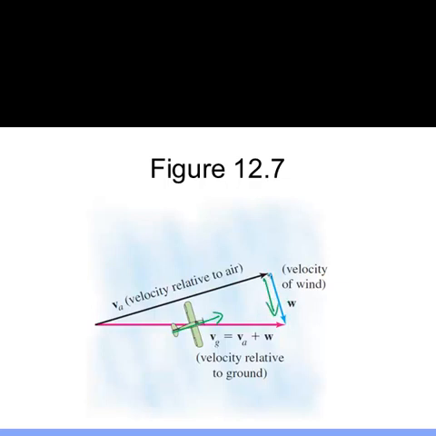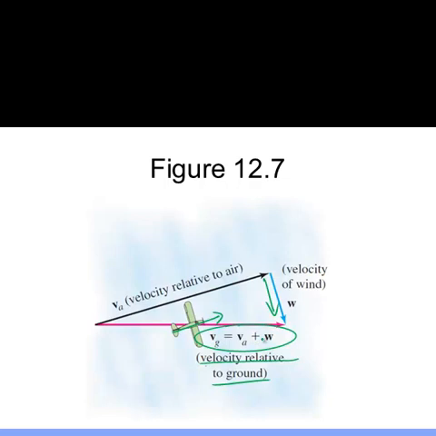And then you add those two vectors together to give you this red vector, which is going to be the sum of the motion of the plane and the motion of the wind together, which will then give you the resulting vector, the velocity relative to the ground. Or you just sum up the velocity relative to the air, which is the v sub a, plus the velocity of the wind.